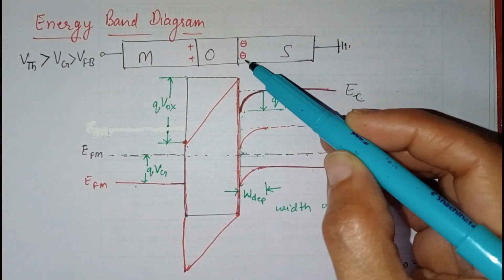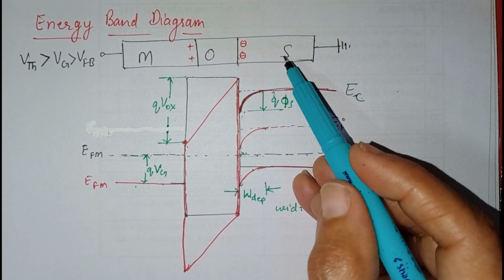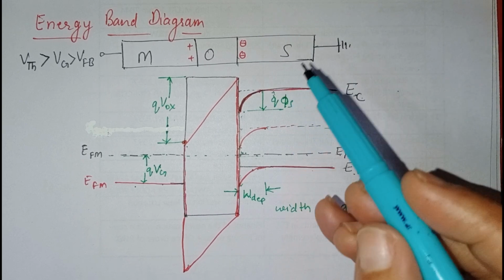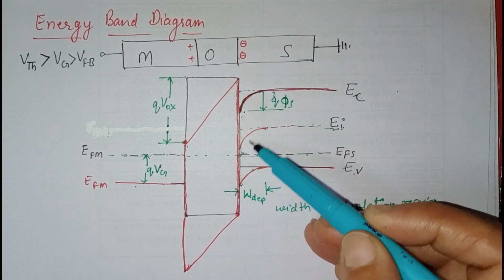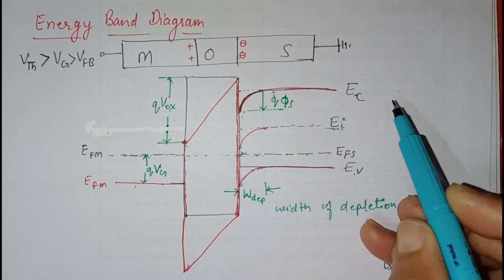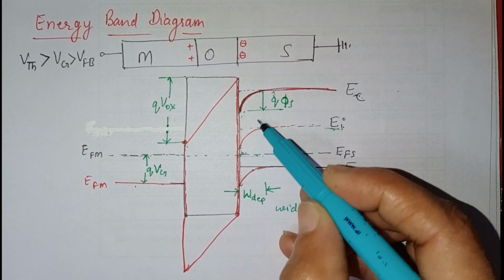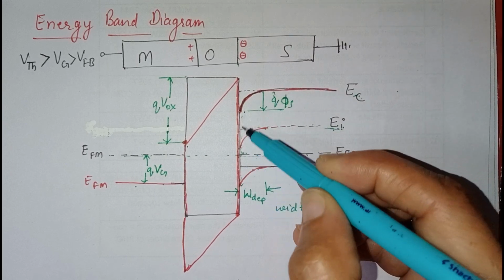Near the interface, the semiconductor behaves as an intrinsic semiconductor, and away from it, it is p-type semiconductor. So the band bending takes place near this interface, and in an intrinsic semiconductor, the gap between these two bands is the same. So near this interface, this gap is the same.